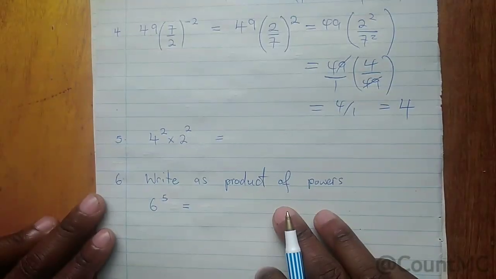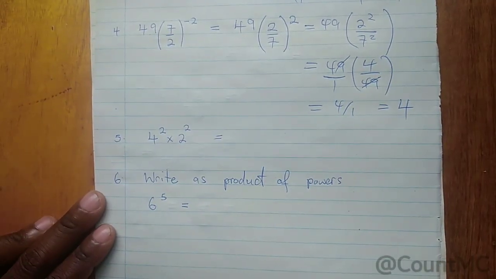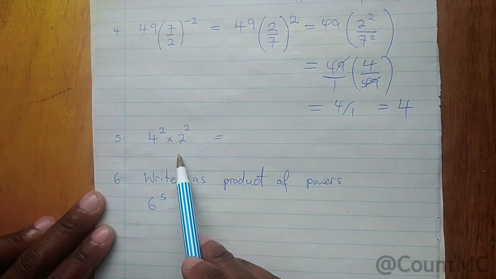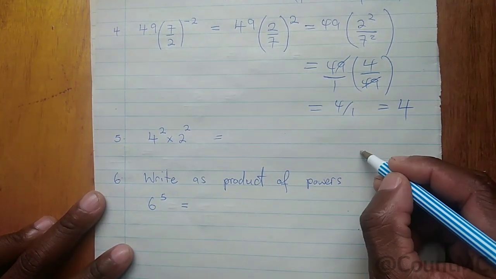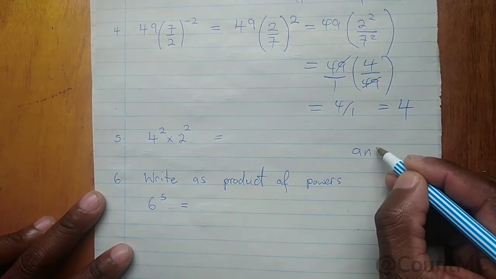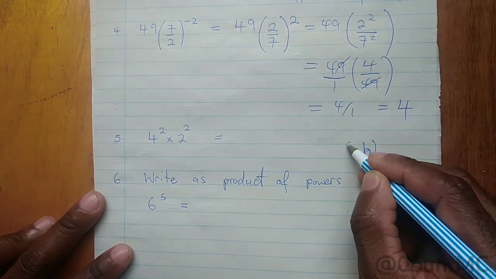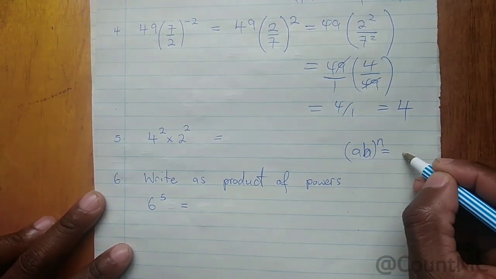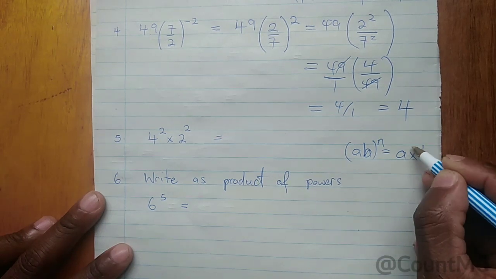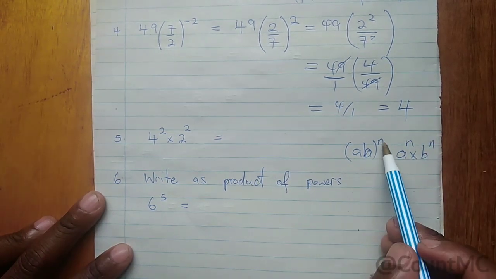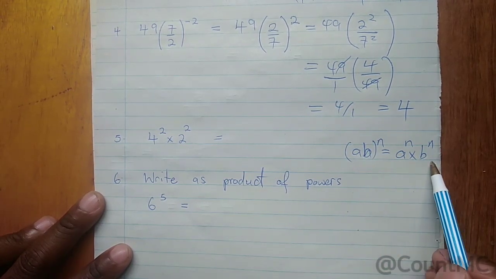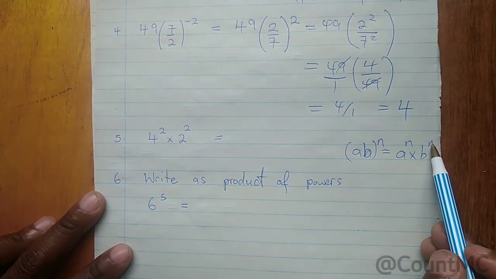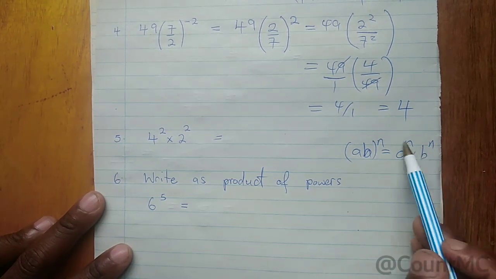Okay, the last 2 examples of this session. 4 squared times 2 squared. Now, if you remember that law, AB to the power n is the same as A to the power n times B to the power n. This n can be distributed inside to create similar powers, bases with similar powers.